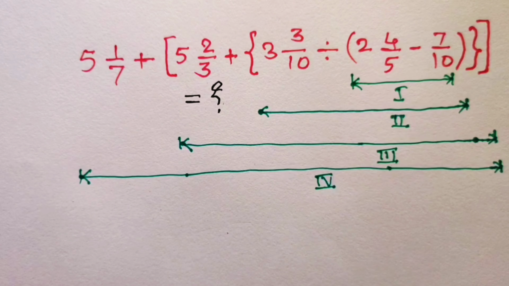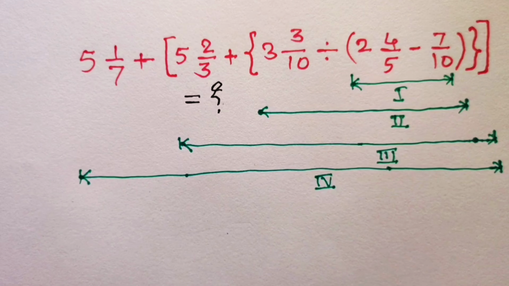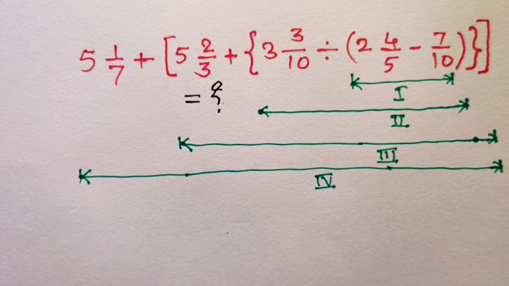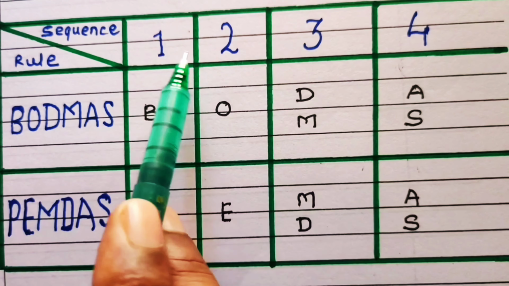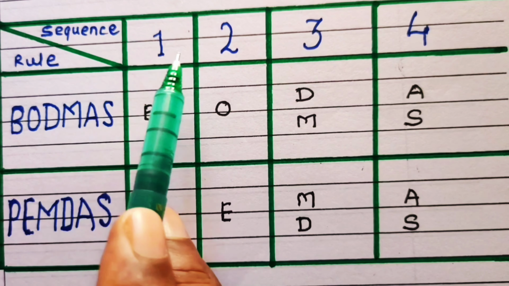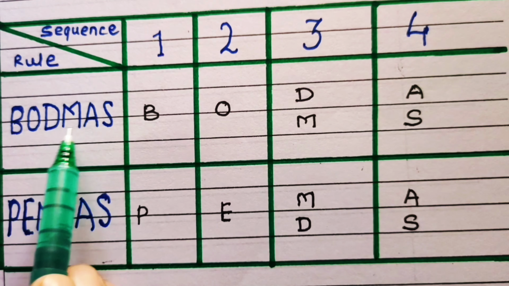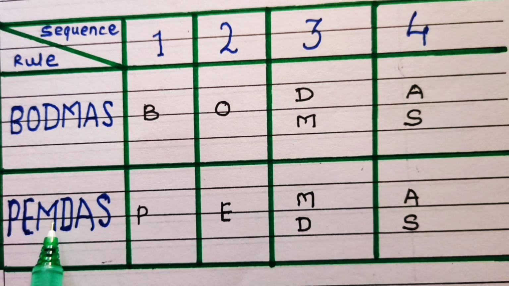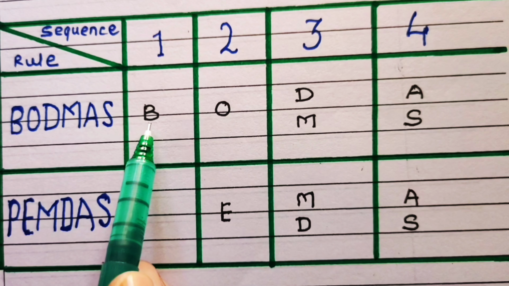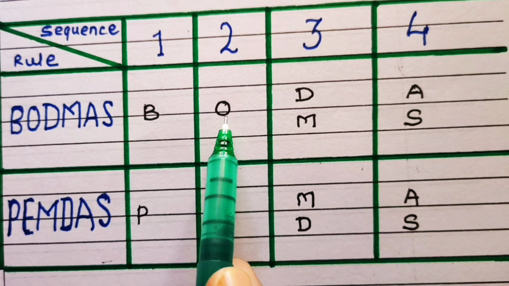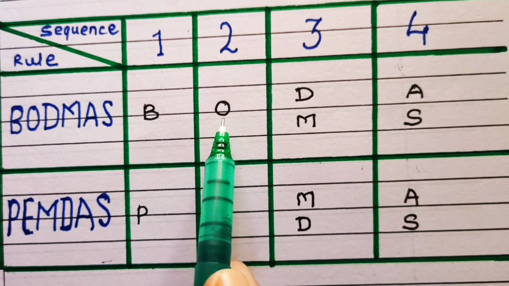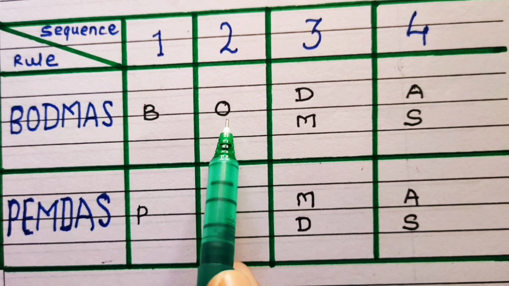But before that, we have to know about the BODMAS rule and PEMDAS rule, a comparison between these two rules. Here, in this row, this represents the sequence of algebraic operations. This gives the BODMAS rule, and in this row, the PEMDAS rule. B stands for bracket, O stands for orders or exponents or indices or surds, square roots, nth roots.